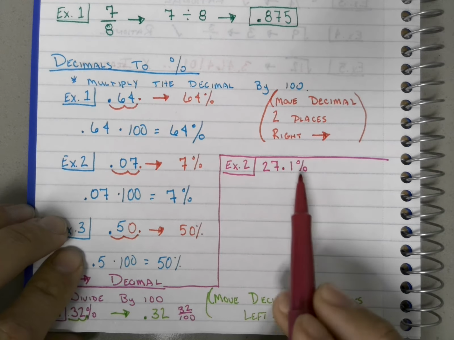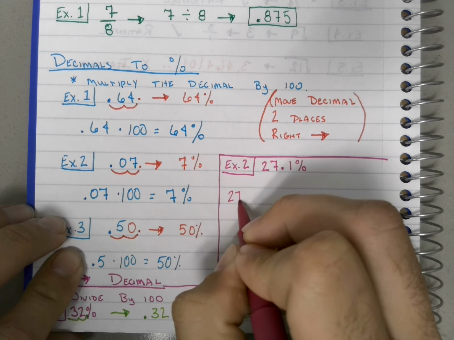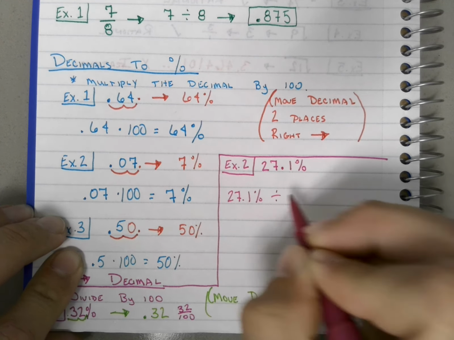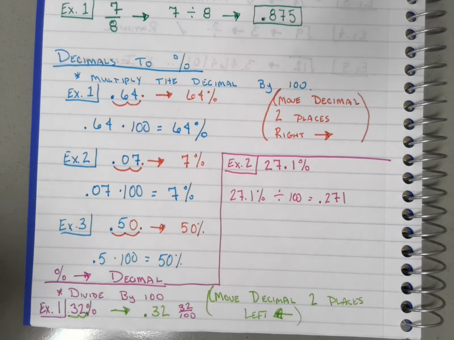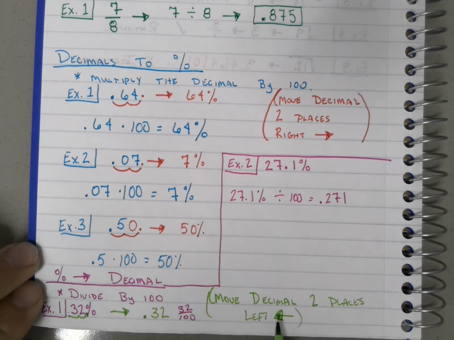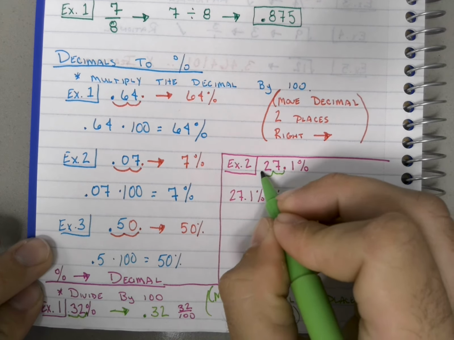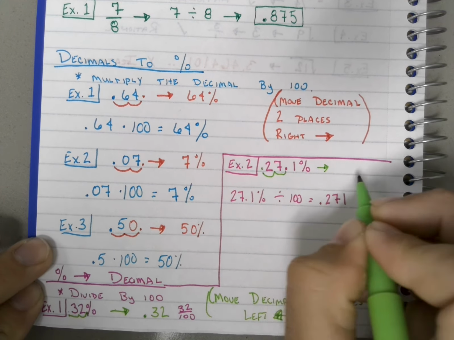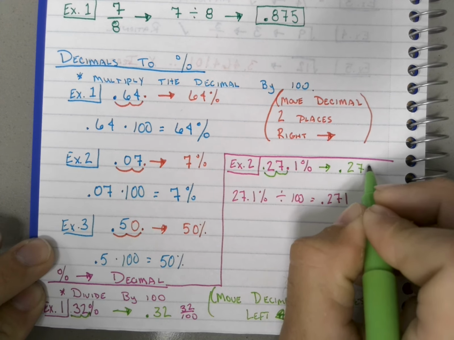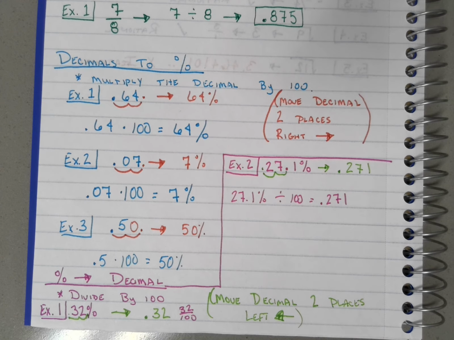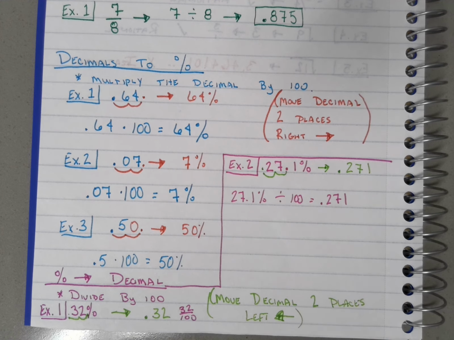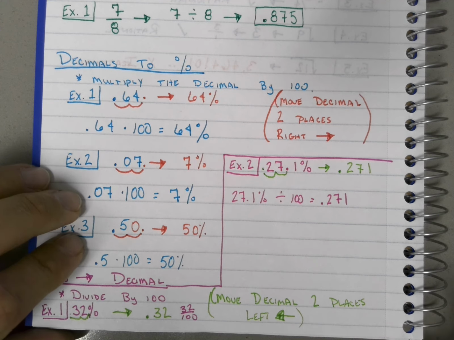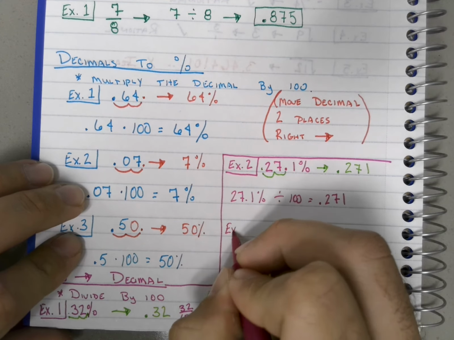So I can take this number, 27.1%, and we can divide by 100, okay, and that will give us 0.271. Or we can go back here, move our decimal to the left, 1, 2, and that will give me 0.271. Okay? Or you can do like you did down here, 27.1 over 100, and then divide that. And that will also give you 0.271.